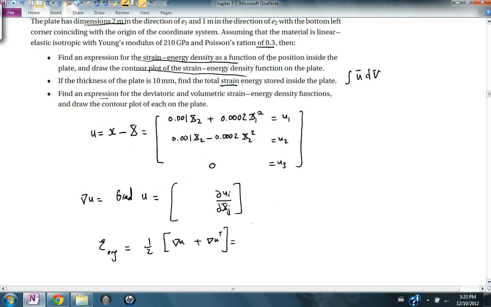And as expected, the strain is a function of the position. It's different at different points along the plate. So this is the strain matrix.